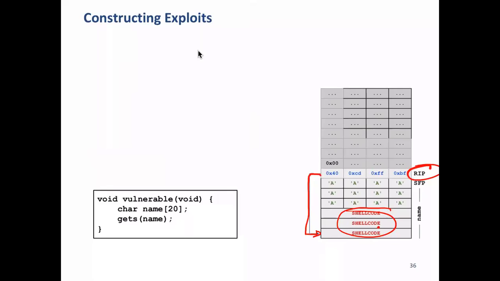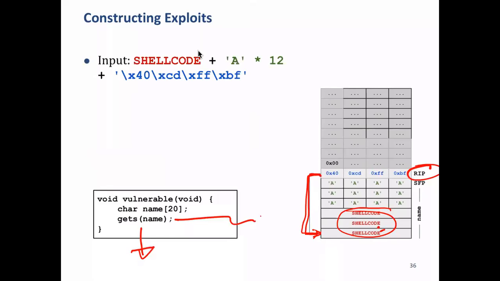When this program gets over and you give this intelligent input of all these A's and the return address, the old PC is loaded, which is nothing but this point, and then the shellcode. As a result, the next instruction to be executed corresponds to the first instruction of the shellcode. So this should be your input.